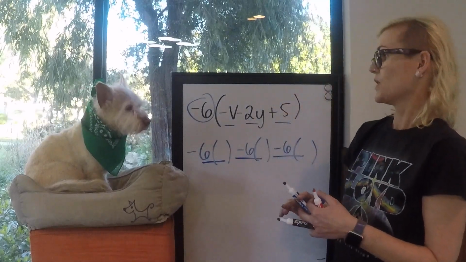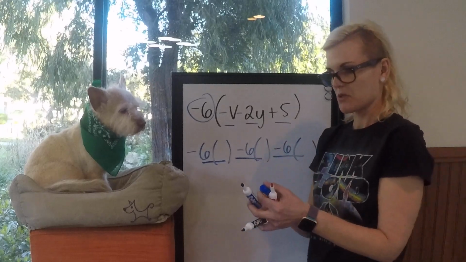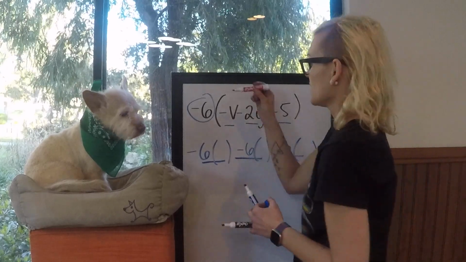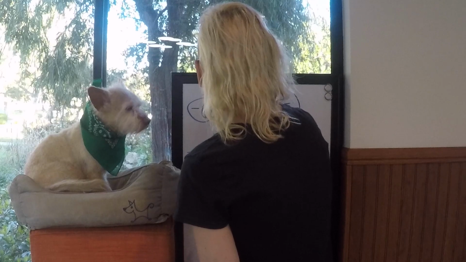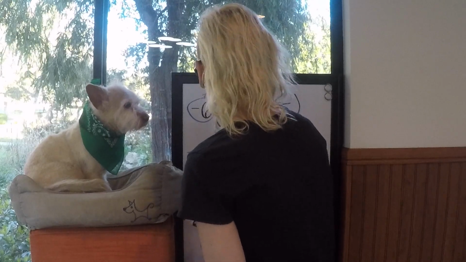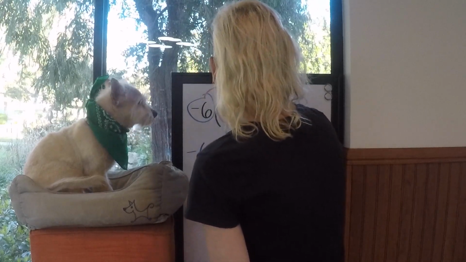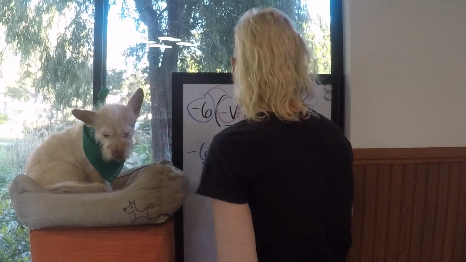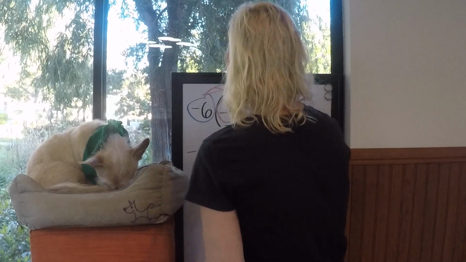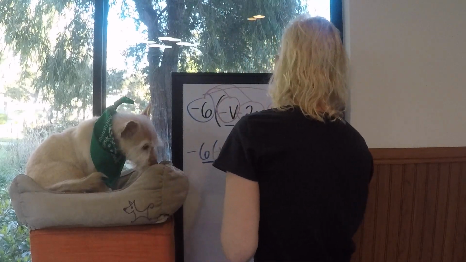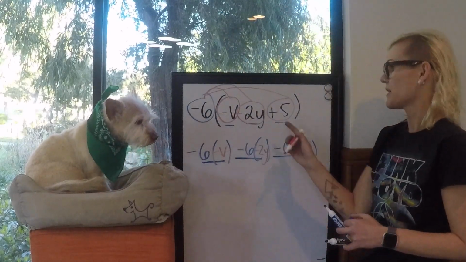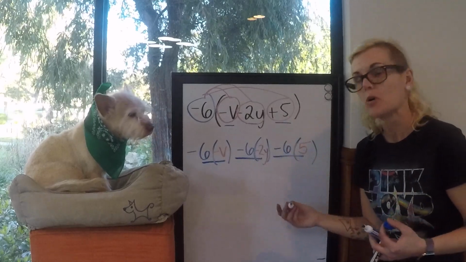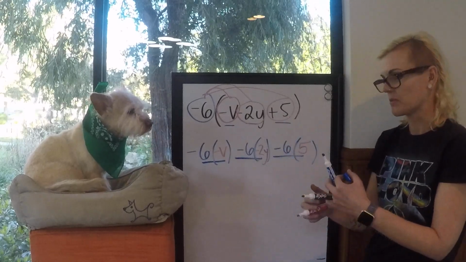And what it's distributing to, so let me use a different color for that. My negative 6 is being distributed to a negative v. It's being distributed to a negative 2y. And it's being distributed to a positive 5. Okay, and I didn't put the plus sign, but I did that just so I know, bring it down, it's going to be a positive number.